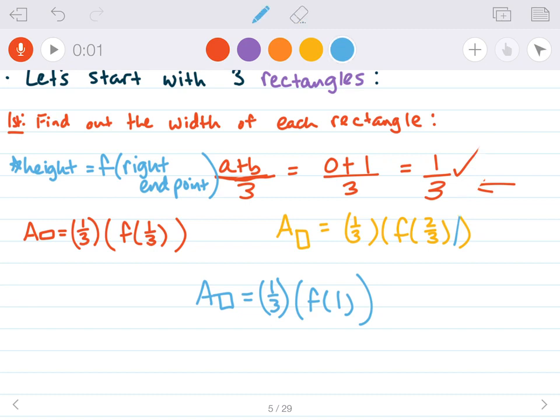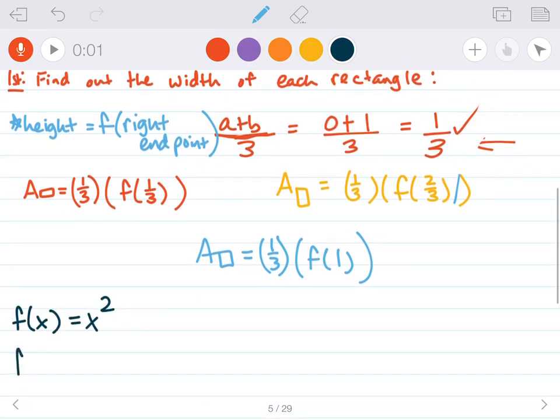Okay. All right, so let's go ahead and do this computation. Now, f of x we were given as x squared. So that means that f of a third for that red piece is going to be 1 over 3 squared, which is 1 over 9.